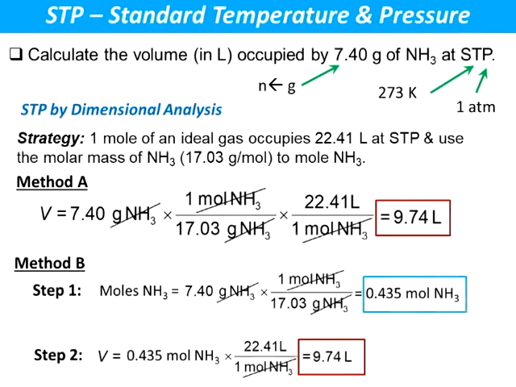And that gives us 0.435 moles of ammonia. We would then take the moles of ammonia and we would convert it to liters using the standard 22.41 liters. So essentially, method B divides method A into 2 steps, but it is otherwise exactly the same.